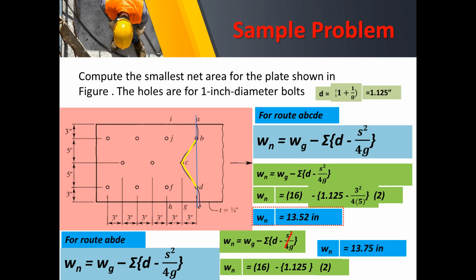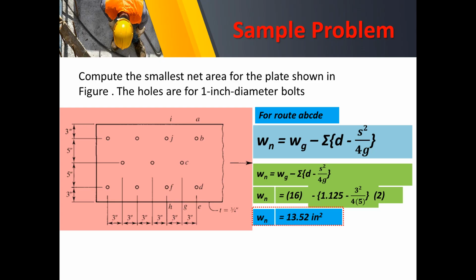Now, knowing that one, we'll just have to multiply that by the thickness to get the area. Hence, the net width times the thickness will be the net area.